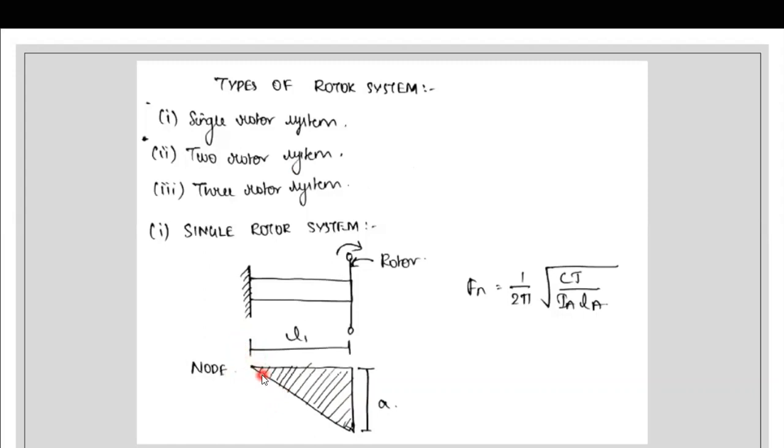This is the point where amplitude of torsional vibration is 0, and we call this point as node, and the shaft remains unaffected by vibration.